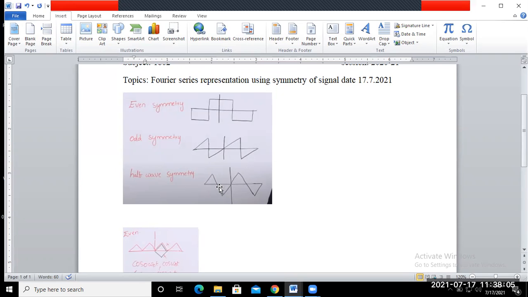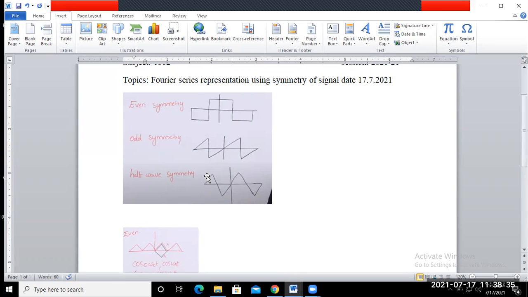So if you shift this half wave signal from this position to this one, it becomes like the one below the image. And if you shift and reverse, it becomes the original one. So this is the condition of half wave symmetry.